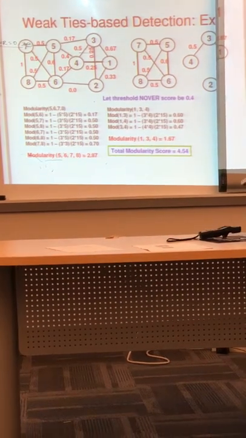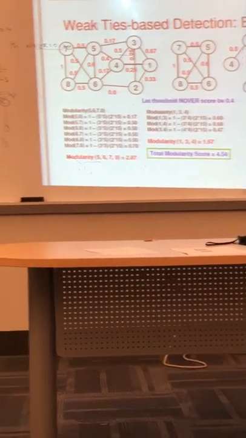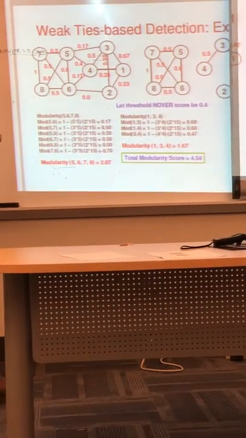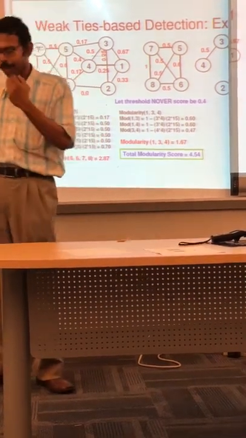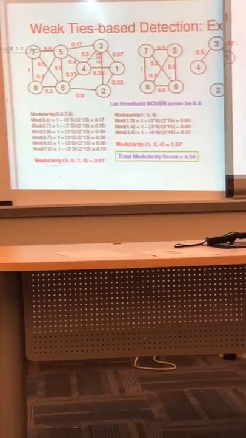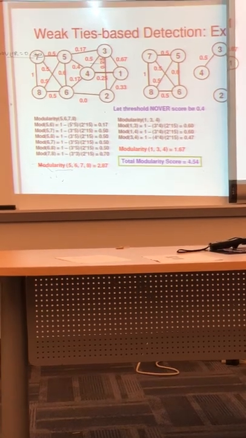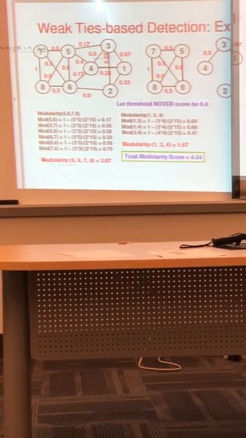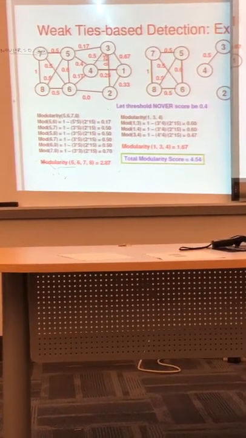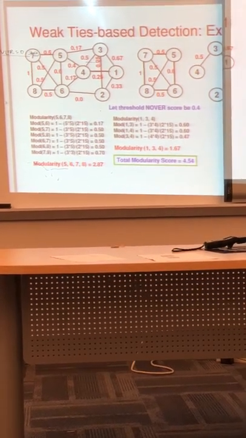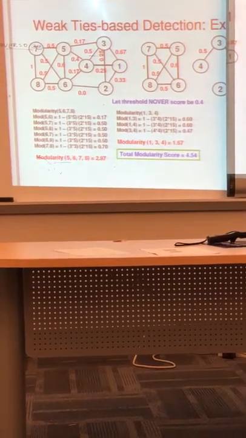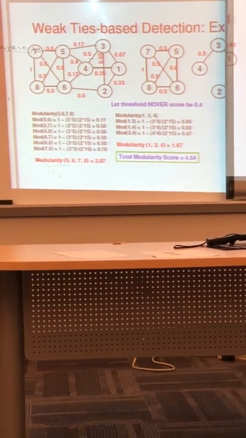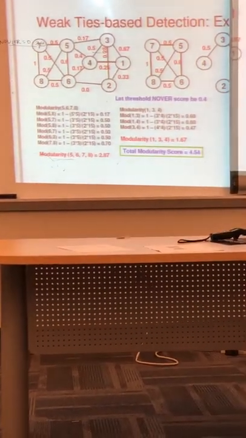So the idea is, again, if you look at a weak tie, how do we classify an edge as a weak tie? If the neighborhood overlap score is less than or equal to a threshold, which means edges with lower neighborhood overlap scores are more likely to be classified as a weak tie. Of course, it depends on what threshold value you fix. But if an edge has a lower neighborhood overlap score, it's more likely classified as a weak tie, right?